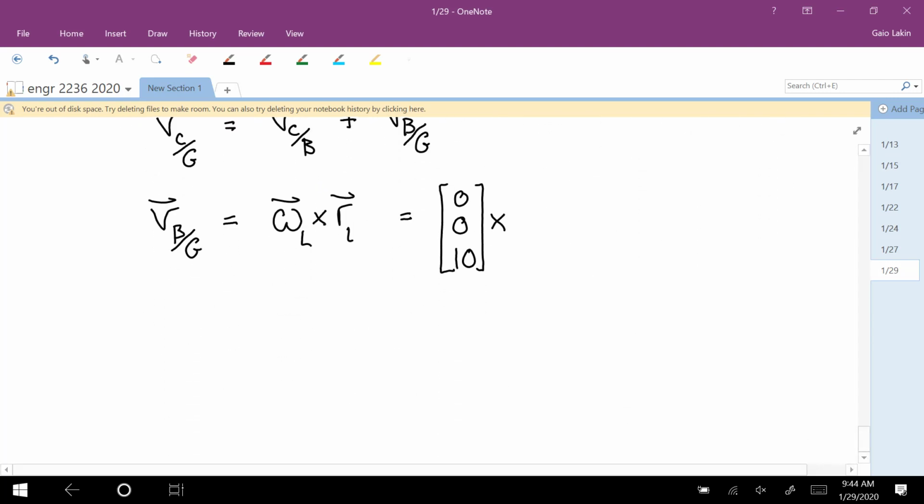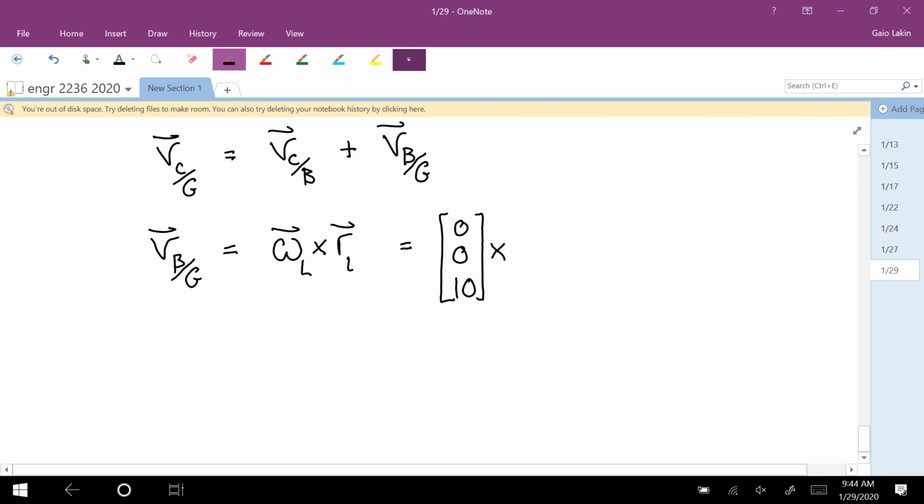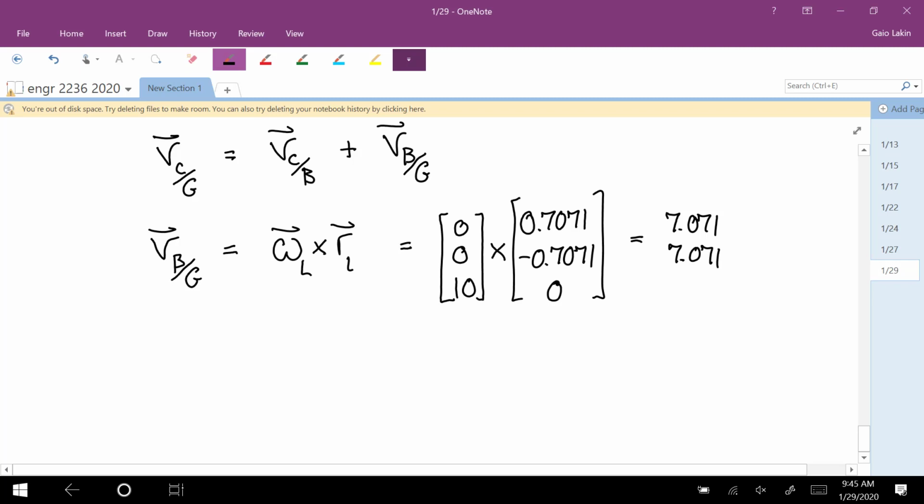Cosine and sine of negative 45. And that is 7.071, 7.071, 0.